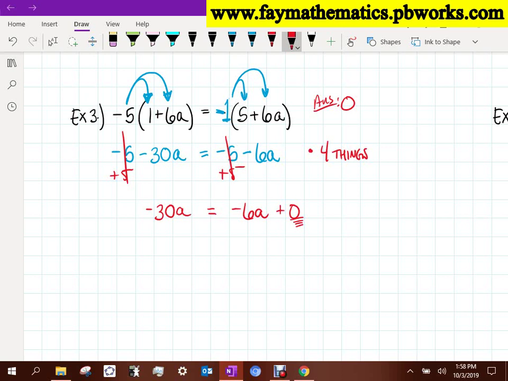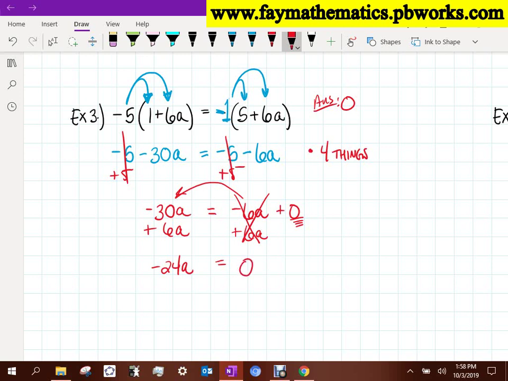If that's a constant, and this is a variable term, can I get that variable term to that side? So I'm going to add 6a. And I'll add 6a. So I get negative 30a plus 6a gives me negative 24a, right? And now on this side, I added those so they go away. I'm left with just my constant of 0.